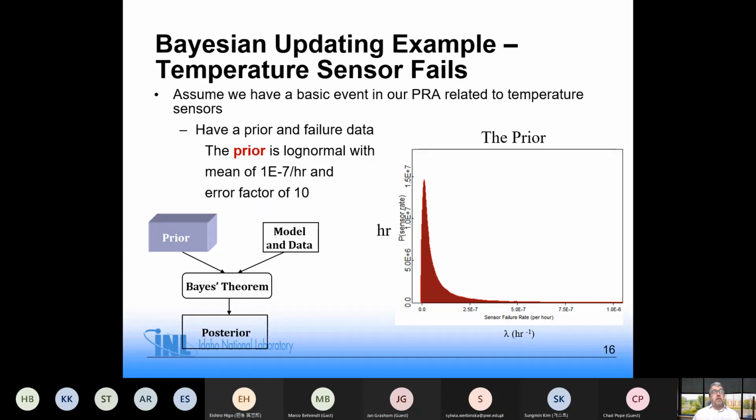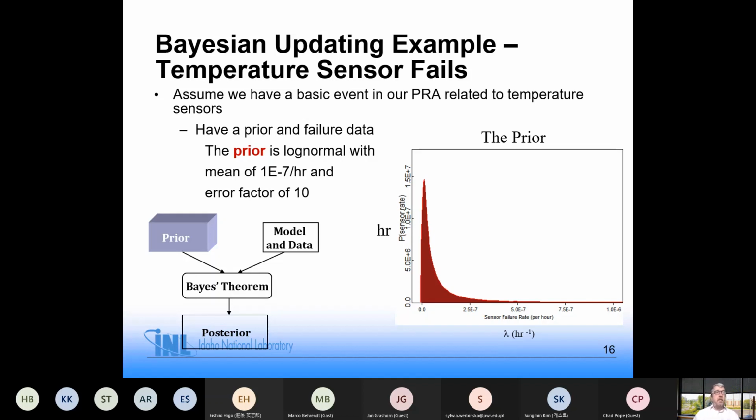I might know something about that, I might not, but fortunately, a lot of components and their probabilistic performance have been tabulated in databases or handbooks. So I might have a database that says, okay, for generic temperature sensors, they fail with this rate.